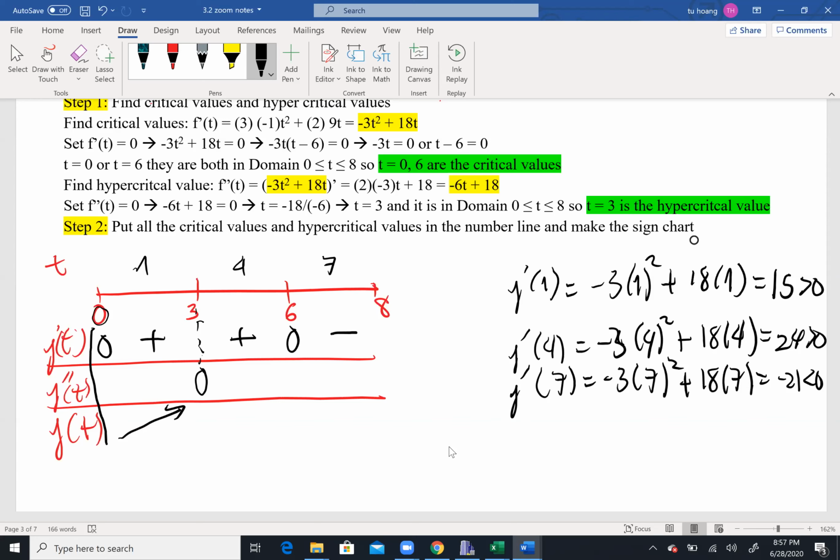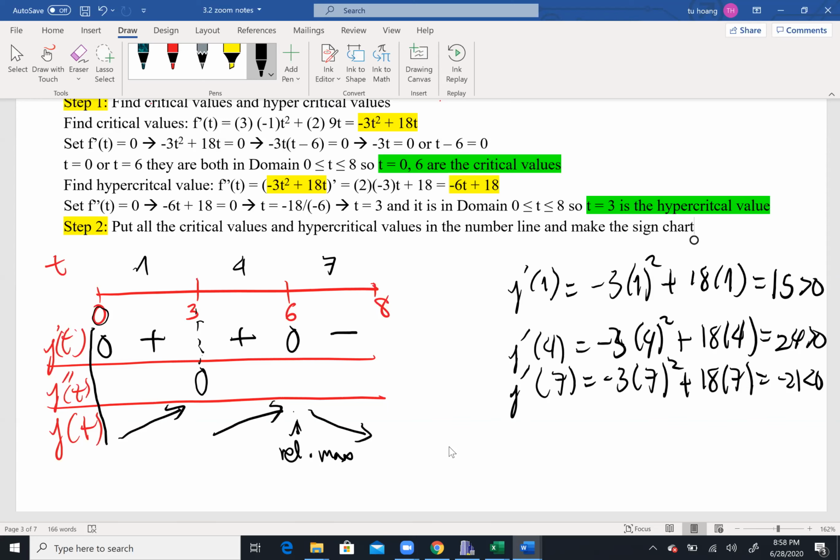And from 3 to 6 also positive, so it keeps increasing. And from 6 to 8 it becomes negative, so then it's decreasing. Okay. So I know that here it should be a relative maximum, since it goes up and it goes down, right?